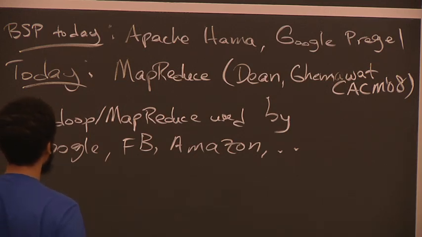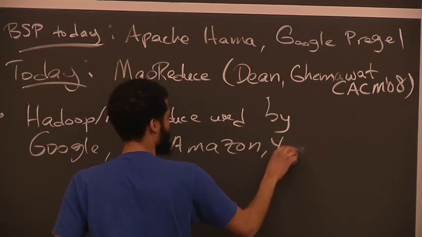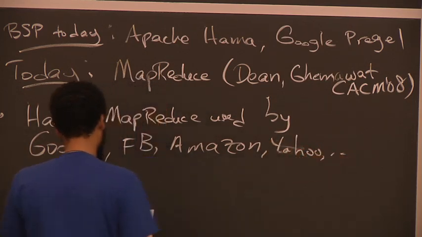And today I'm going to talk a little bit about a theoretical model for working with these systems and trying to develop efficient algorithms within this model. Okay. I guess, since I put Hadoop, I should also at least put Yahoo.